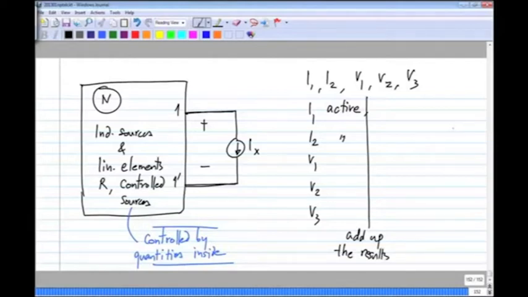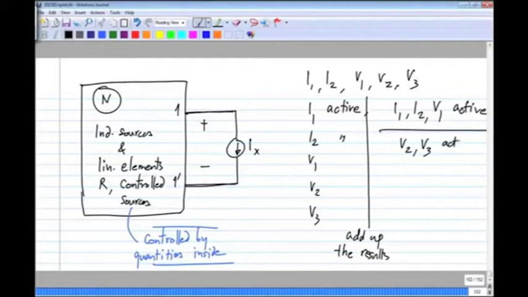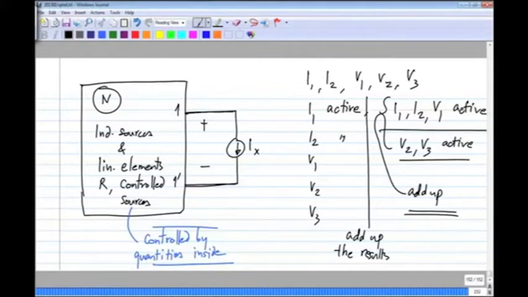Instead, I can also do it like this. I can take I1, I2 and V1 active, and set V2 and V3 to 0. Next I will take V2 and V3 active and set the rest to 0, and I add up the two results. So this will give me exactly the same answer. Just so you don't get confused with this, let me show it with an example.